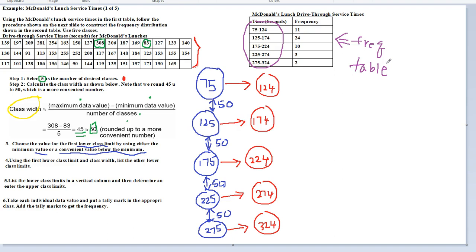So it's very important to understand how to create the frequency table, and once you have the intervals, make sure that you count the elements that belong within each interval.